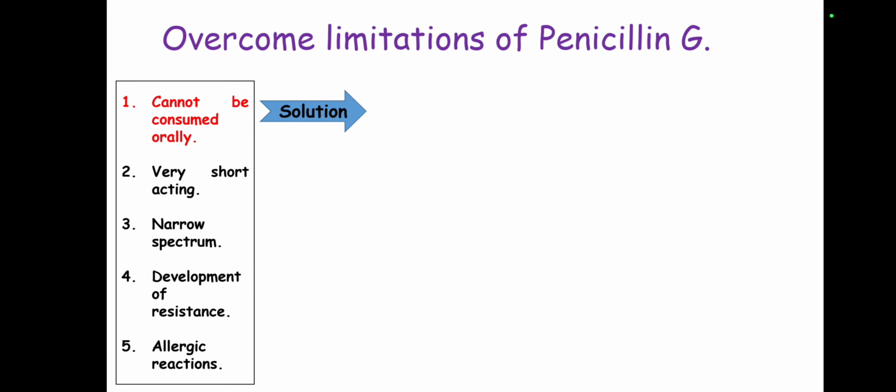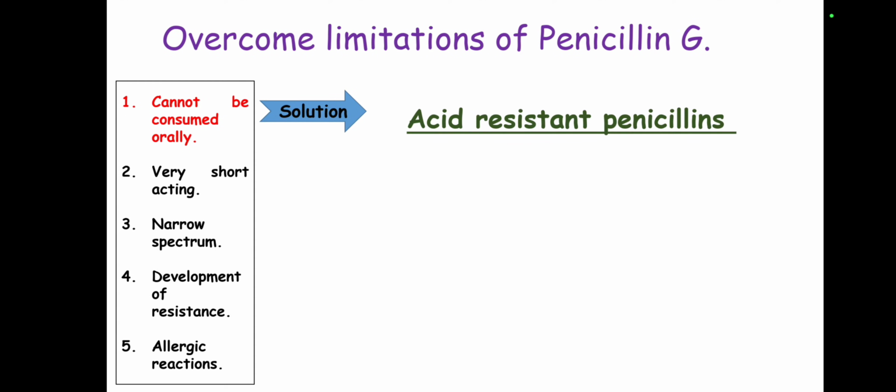Now, what might be the solution for this? The solution is we have to develop penicillins which are not broken by acid. They can be given orally. Now these penicillins are called acid resistant penicillins. Because they are resistant to acid, they can be given by oral route.